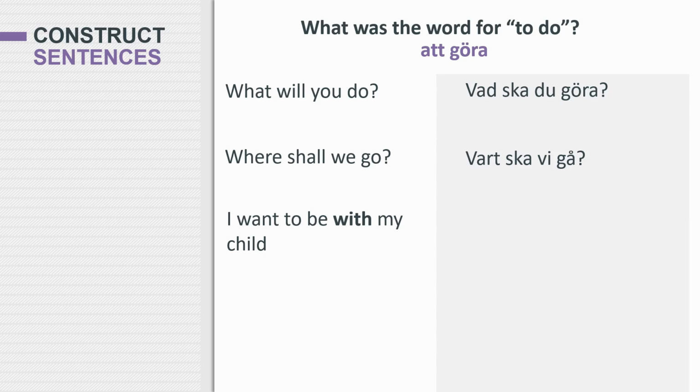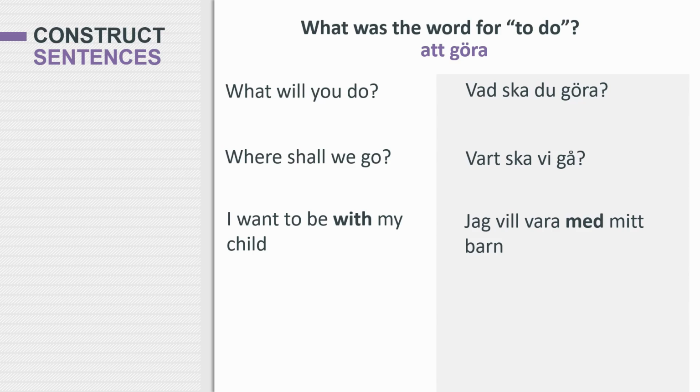And the word for with is med. Jag vill vara med mitt barn. I want to be with my child.